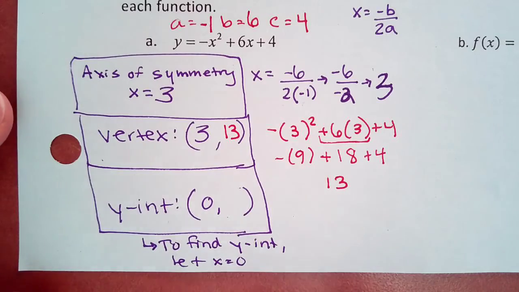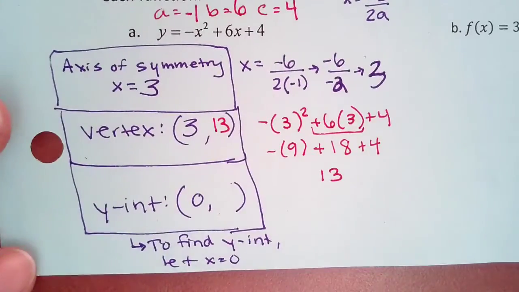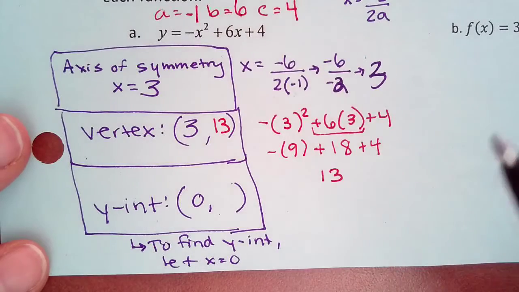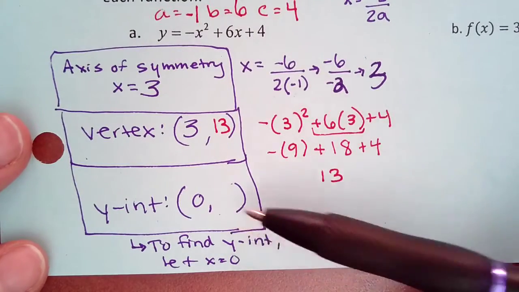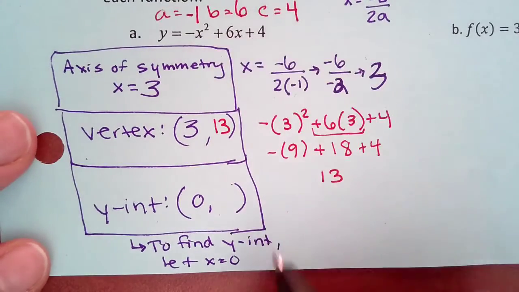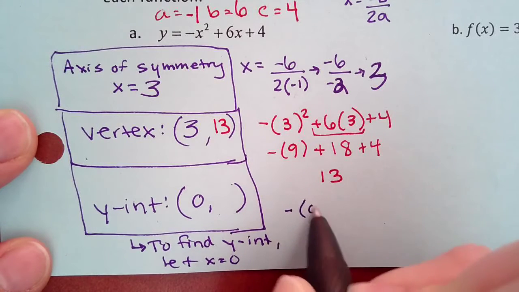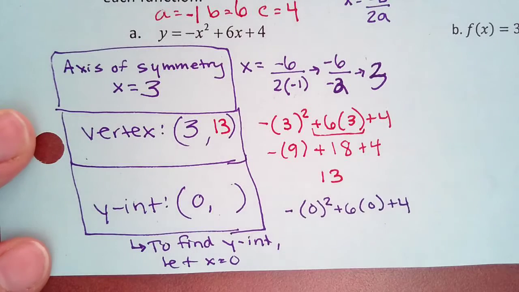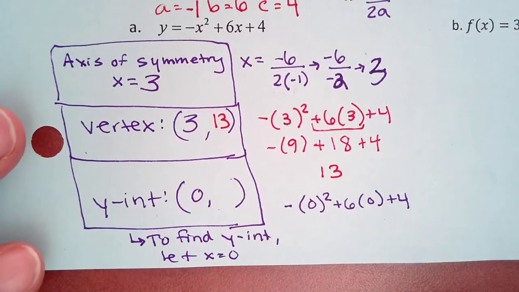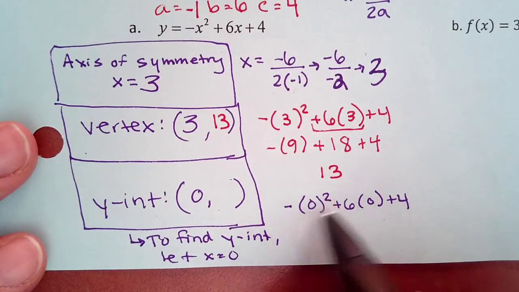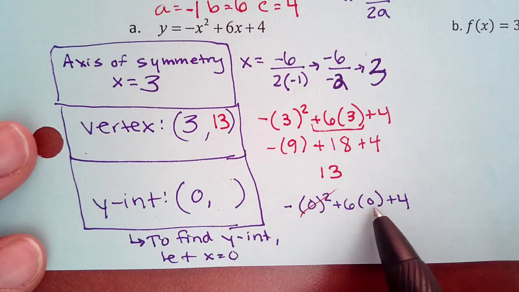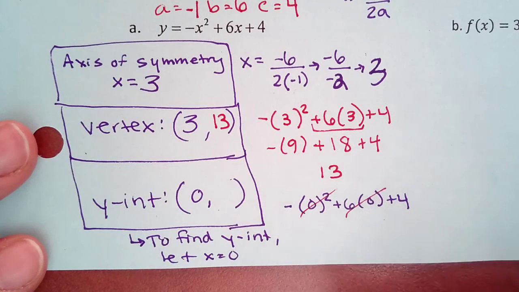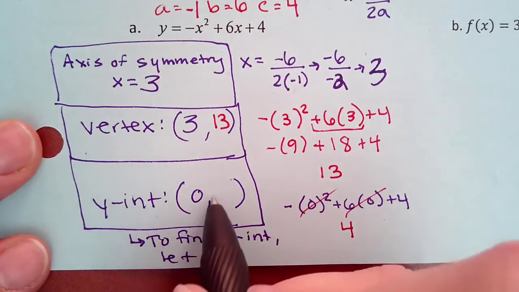We found y-intercepts. They were linear equations at that time, and everywhere we saw an x, we plugged in 0. So this looked like negative 0 squared plus 6 times 0 plus 4. What's that? That would just equal 4, because 0 squared is 0, so negative 0 is still 0. 6 times 0 is 0, so we just have plus 4. So our y-intercept is 0, 4.